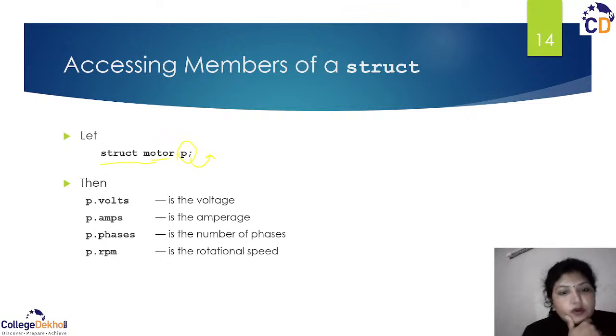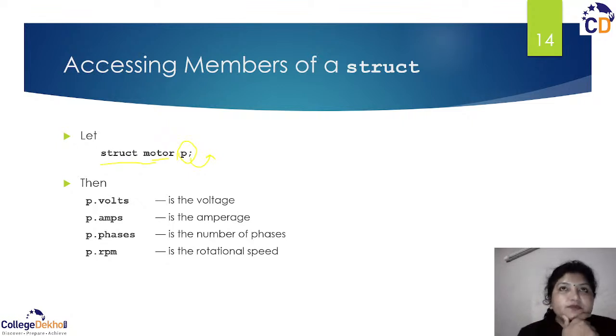So P dot volts is the voltage, P dot amps is the amperage, P dot phases is the number of phases, P dot RPM is the rotational speed. This is how we access the different member variables of a structure.